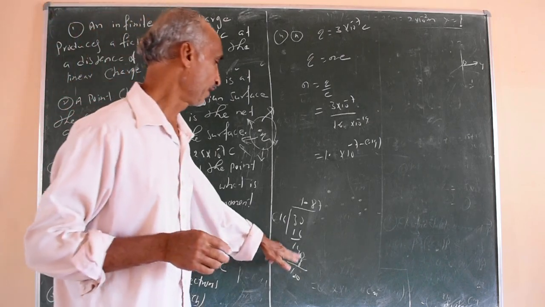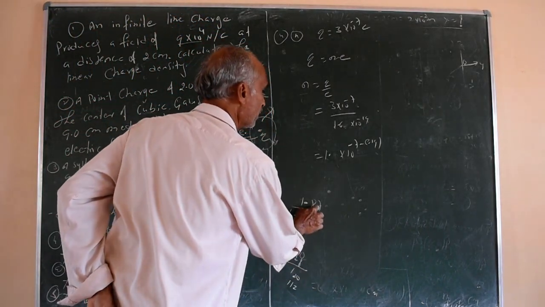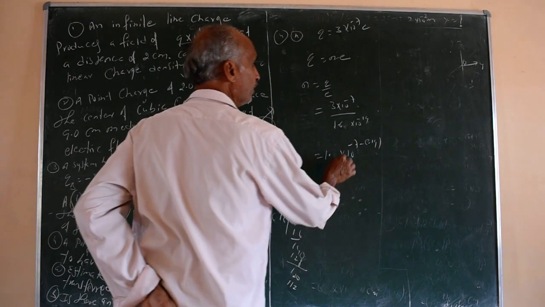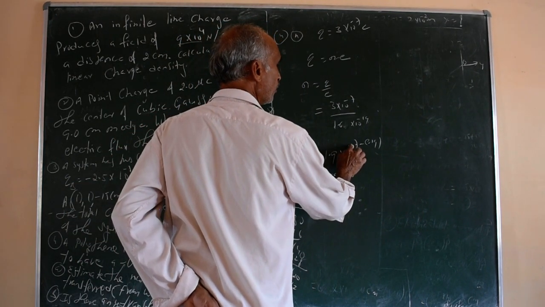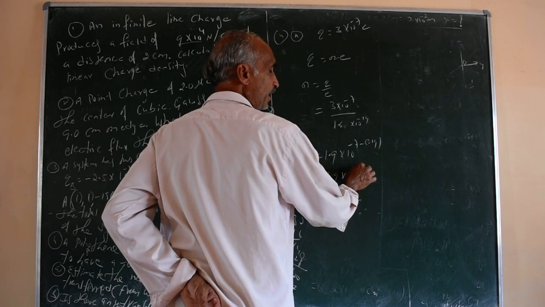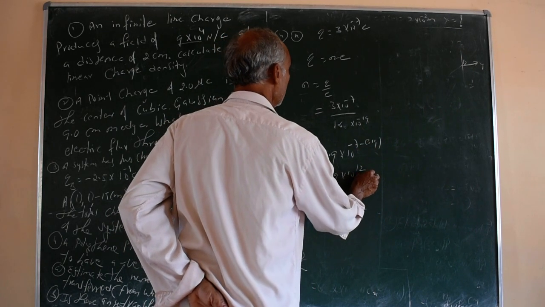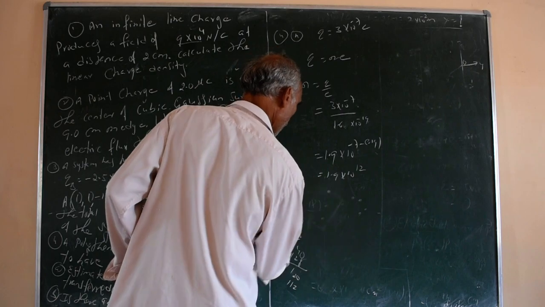Seven is dropped, therefore 8 will become 9. So it is 1.9 into 10 raised to minus 7 minus of minus 19, which is 1.9 x 10^12. That is N, the number of electrons.